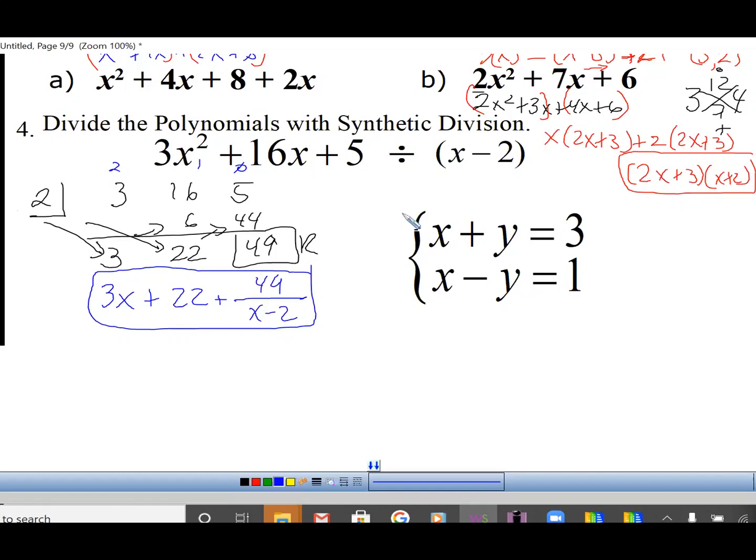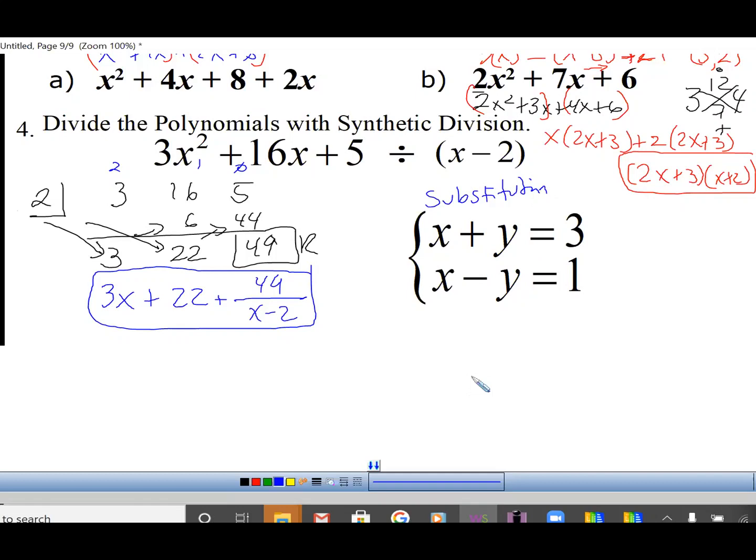All right, and last but not least, number 5, we're going to solve using substitution. And this is a system. Why? Because there's 2 or more equations of the same variable. So what's the most important thing about solving by substitution? That we need to solve one of the equations for one variable. Do we have anything already solved? No. So which equation do you want to solve?